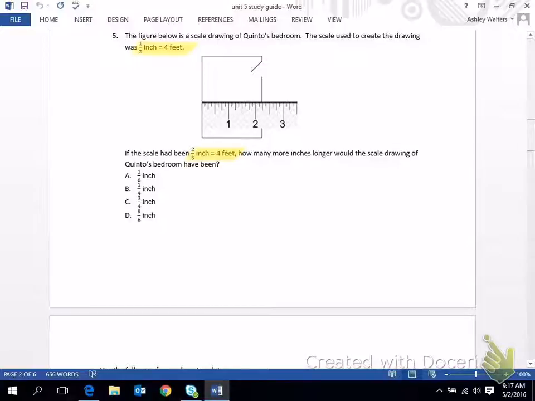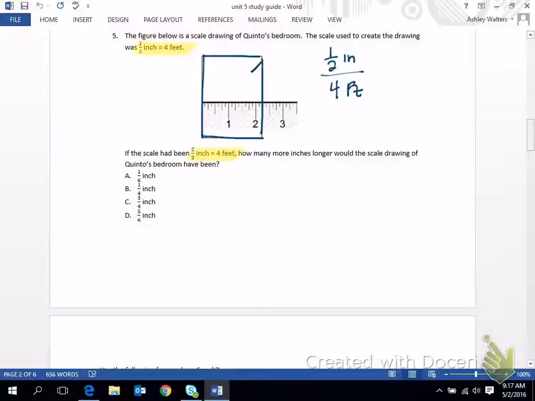In the original scenario, we have 1/2 of an inch being equal to 4 feet. And we're saying that this picture we're looking at is a scale drawing of someone's bedroom. So you can see this portion that swings open, that's like a door. So we're looking for the dimensions of the actual bedroom, which form a rectangle.